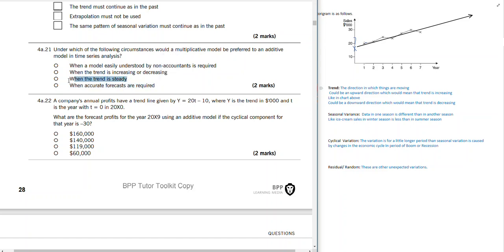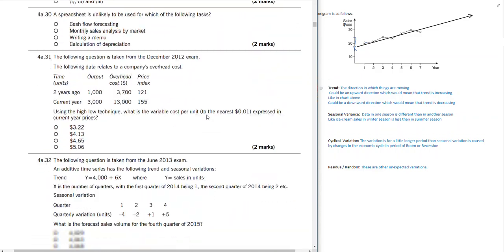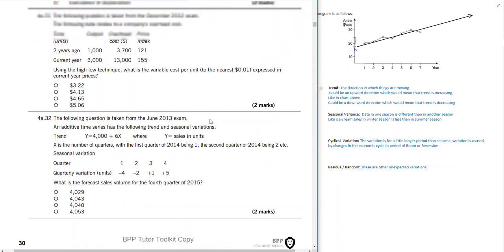When trend is steady, then additive model can be used because overall seasonal variation would be the same. But when trend is increasing and decreasing, as a percentage it will be the same, but the whole value of the seasonal variation would be different. So then it would be good to use a multiplicative model. We have too many questions. Okay, but let's see.